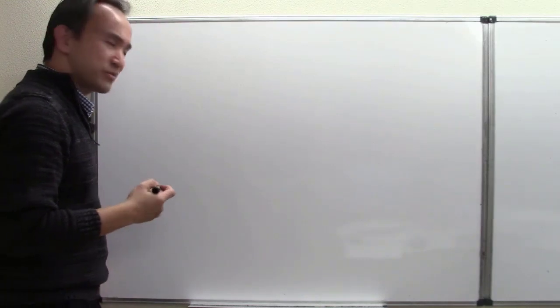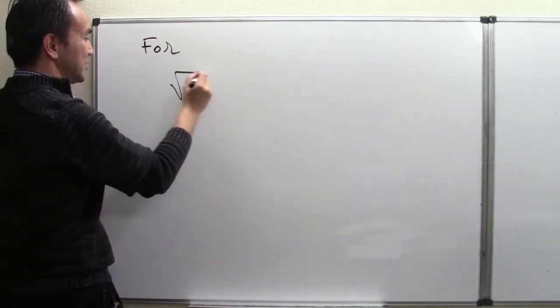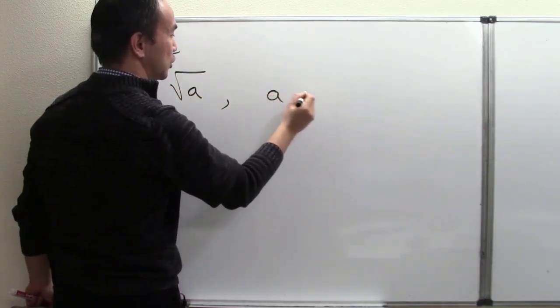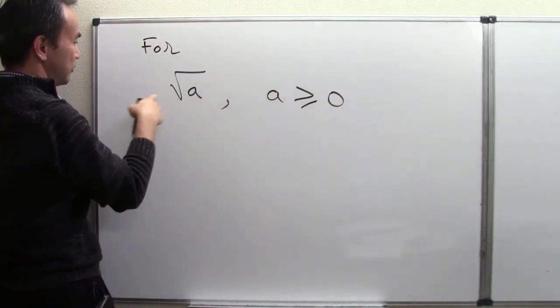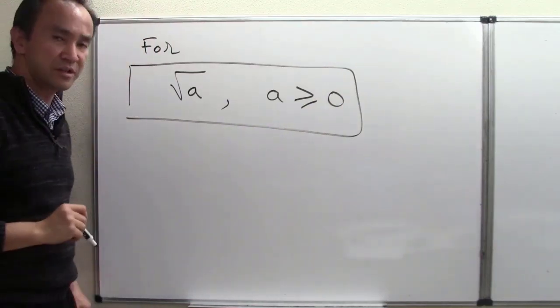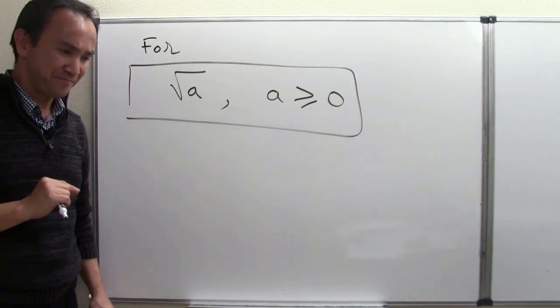Another way of saying that: any time we are taking the square root of a, it is required that a has to be greater than or equal to 0. That's how we should put that in a box, as that deserves our attention.